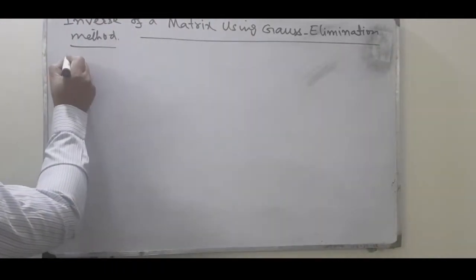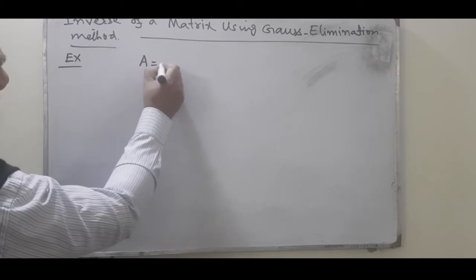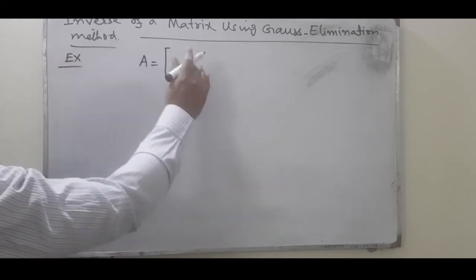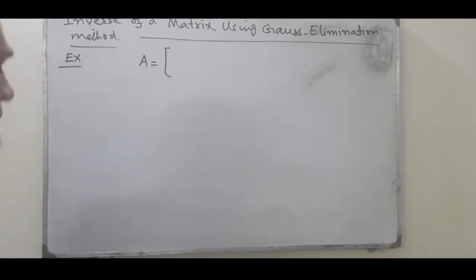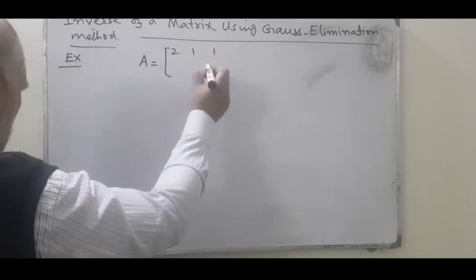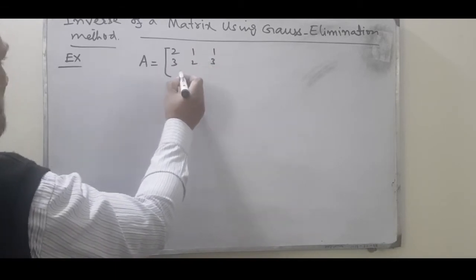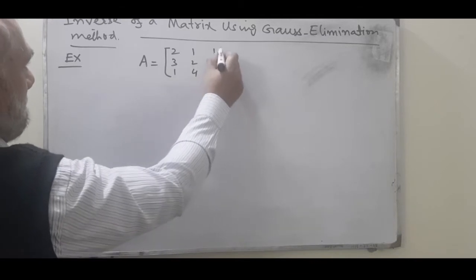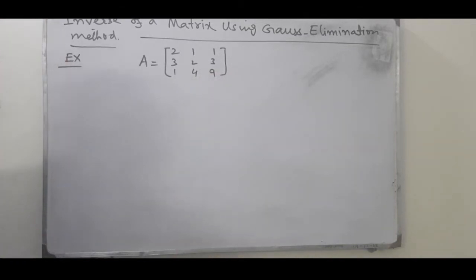So we start solving an example which will describe all the steps behind this method of Gauss elimination. Here we have the matrix having elements 2, 1, 1, 3, 2, 3, 1, 4, 9. This is the matrix whose inverse we are looking for.